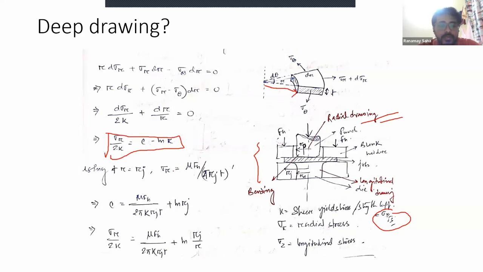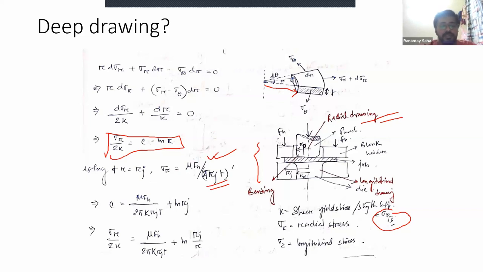Now you know that at r equal to rj, the final sigma r becomes mu FH divided by pi rj multiplied by the thickness of the sheet T.